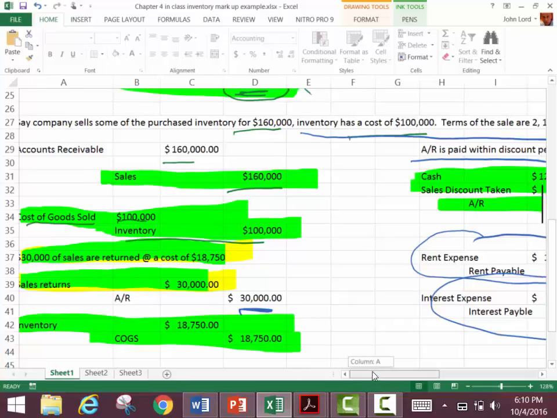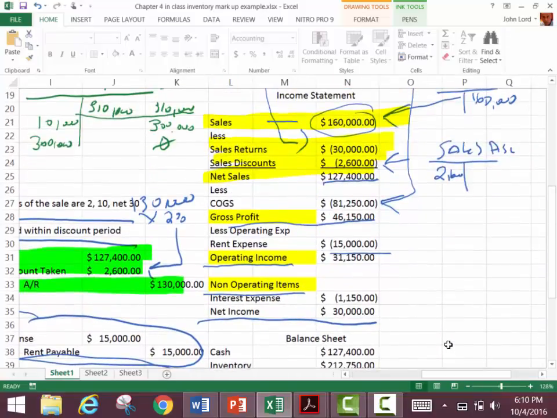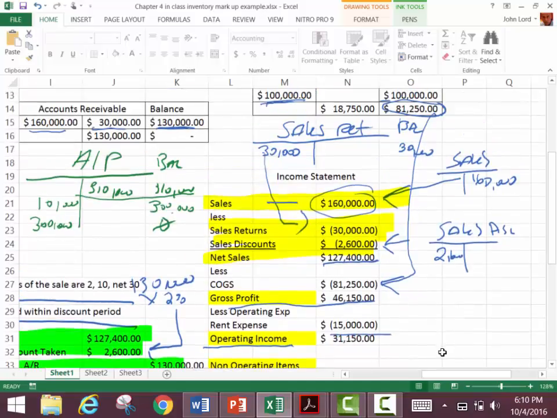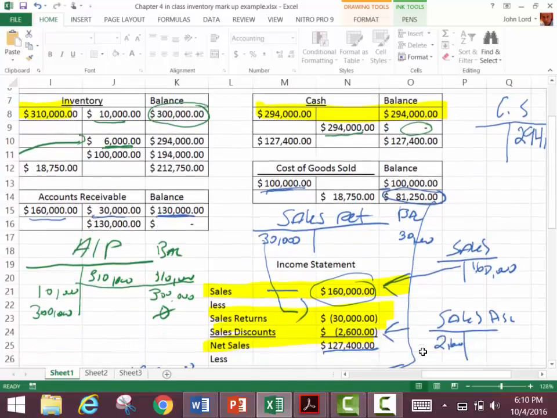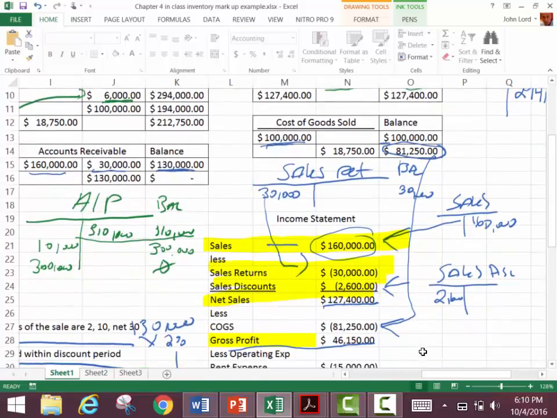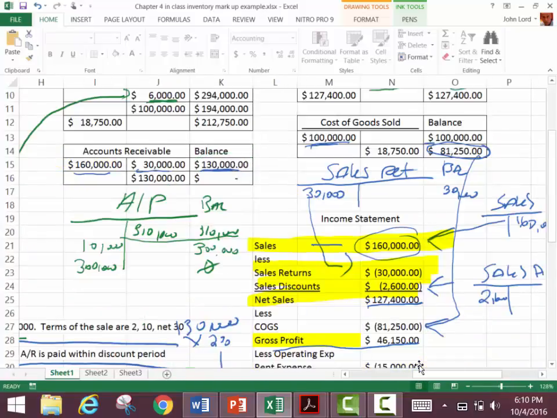So when we have a sale return, we come over here and we debit sales returns for our $30,000. Where's my sales returns? I'm just trying to find the account over here.